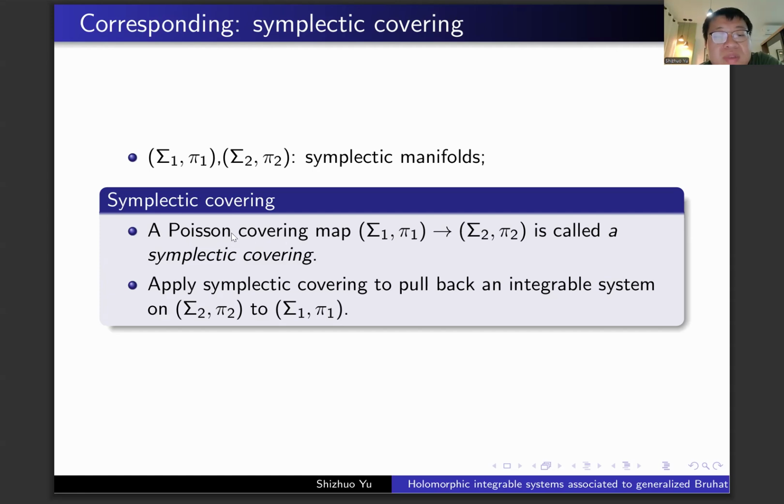And if it is also a covering map, we call it a symplectic covering. Actually, if we want to simplify the Kogan-Zelinsky system, the viewpoint is that we can apply the symplectic coverings to pull back integrable systems on sigma 2 to sigma 1.